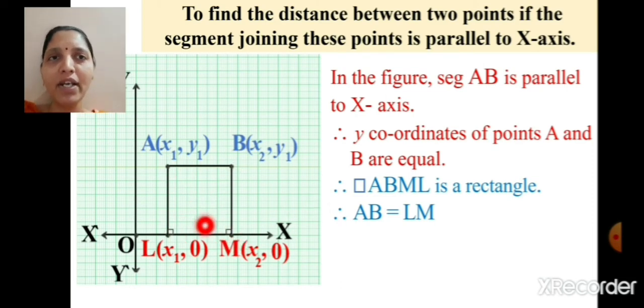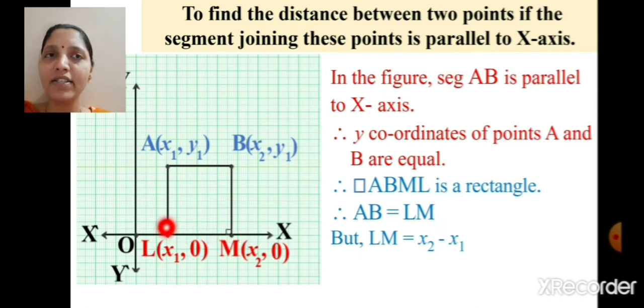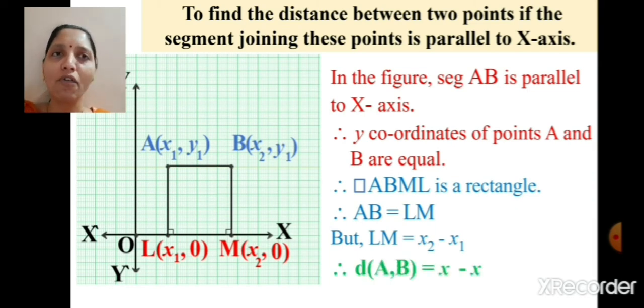This segment is equal to this segment because these are the opposite sides of the rectangle. But LM is equal to x2 minus x1. Just now we have seen the distance formula. Distance between points L and M, how can you write it? x2 minus x1. Therefore the distance AB is equal to x2 minus x1.